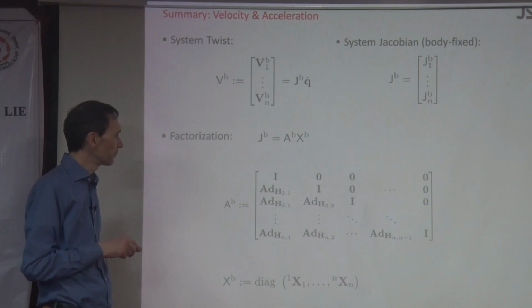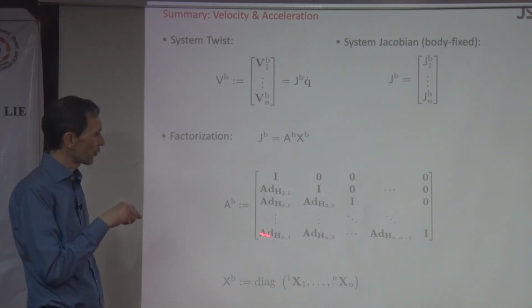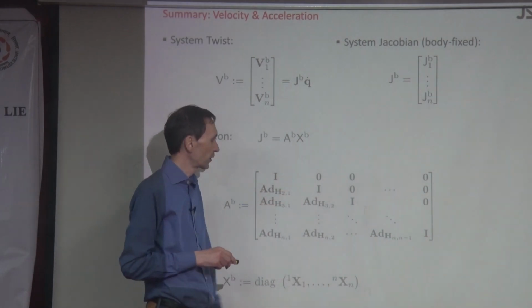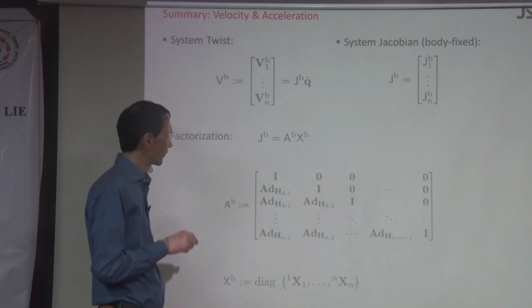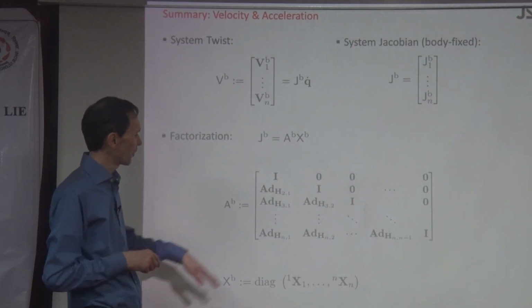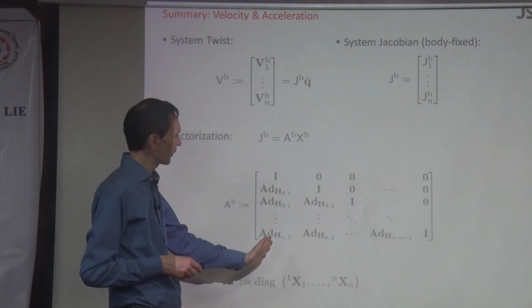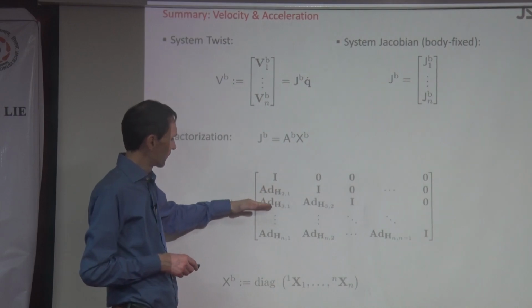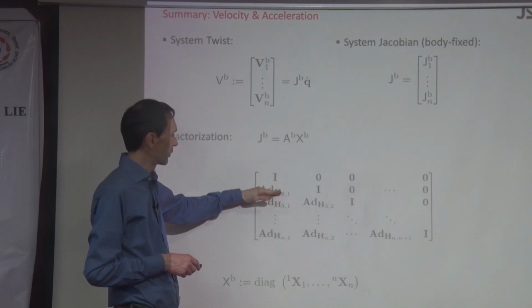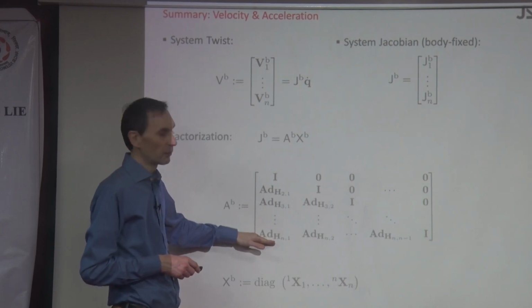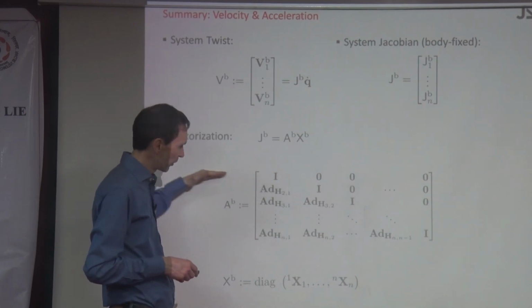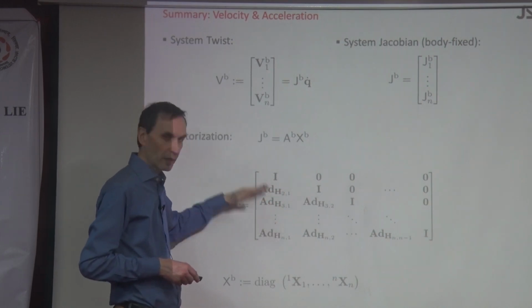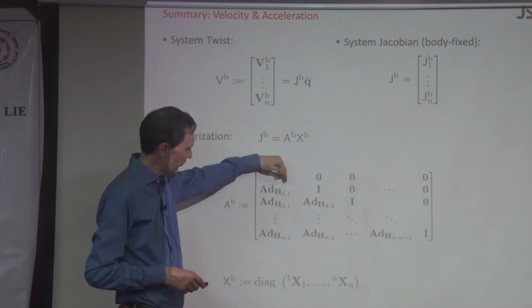And this matrix A has a triangular structure, where we have the 6 times 6 identity matrix on the diagonal, and we have the transformations here. And again, this is very systematic because this is always transforming from frame 1 to frame n. What comes out here is the Jacobian of body 1, body 2, body 3, up to body n, and that's the contribution of joint 1.